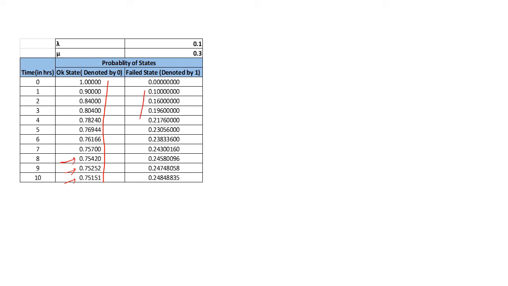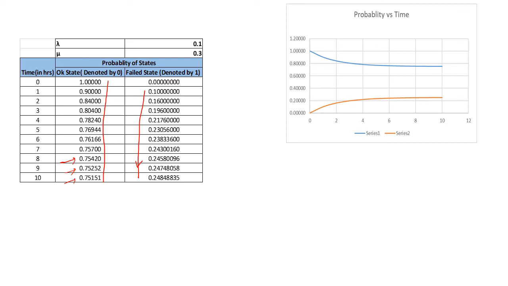And initially there was an increase in the failure state, but it also stabilizes at around 0.248, or we can say 0.25. If we again plot the curve, there is an initial decrease in probability, but it eventually reaches a steady state, and the same thing happens for the failed state.